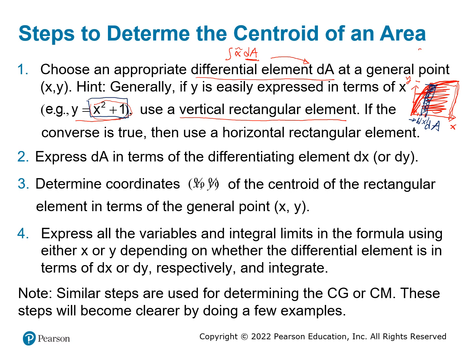So this y is actually x squared plus 1, and you multiply with a dx and do the integration, and that is how you find that part. That is the second step: you express dA in terms of the differentiating element dx. The dA is equal to x squared plus 1 times dx.